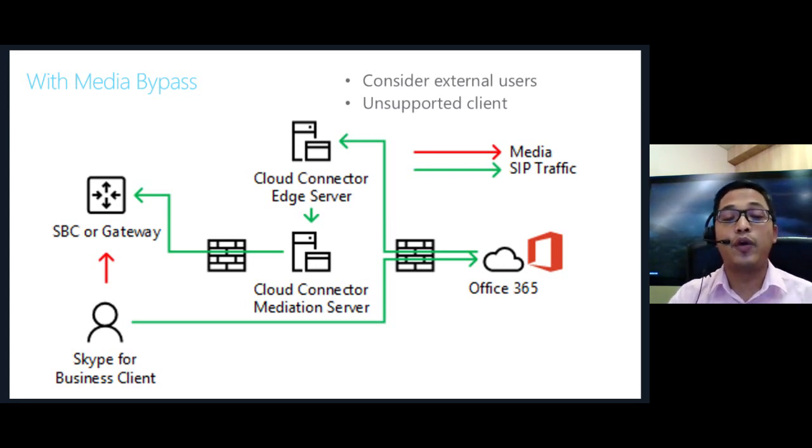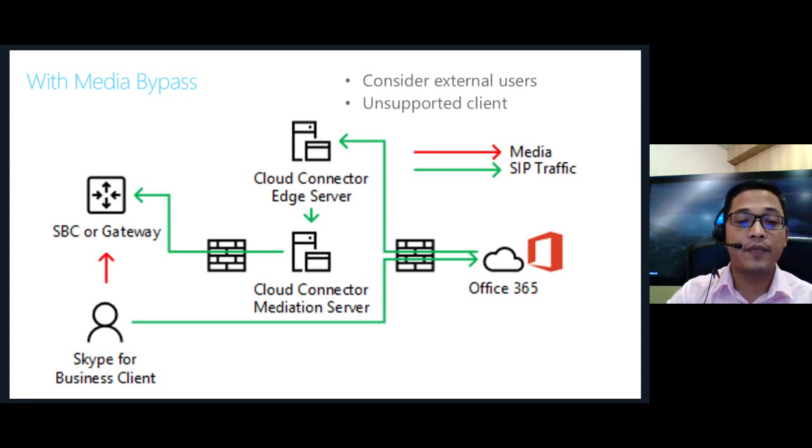Let's say, for example, you have probably 500 users. You have to set up 2 appliances to handle 500 concurrent calls. But now you can reduce it to 1 appliance using media bypass. Okay, if you enable media bypass, internal clients on a supported version do not need the mediation server.